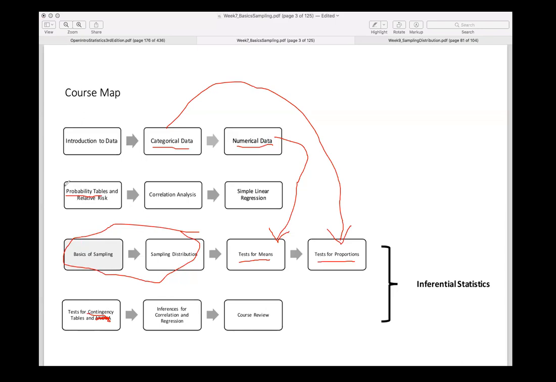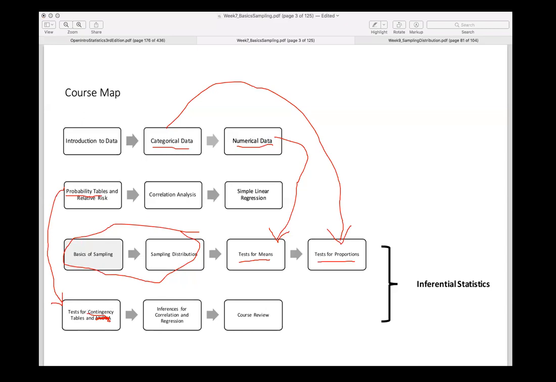Well, we're going to make a statement about whether or not those differences are statistically significant or rather just due to chance. And we're also going to infer whether or not those differences are true in the population. So we can think of our probability tables week and our week on relative risk in terms of inferences as well when we revisit it in terms of tests for contingency tables. And that's called a chi-square test.